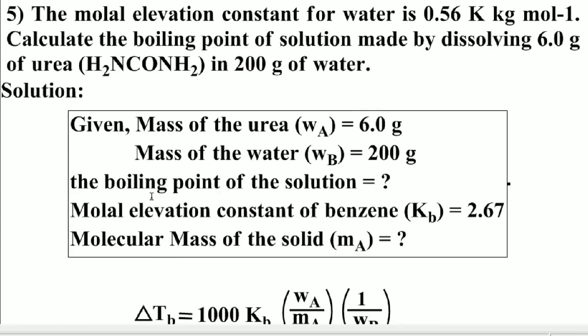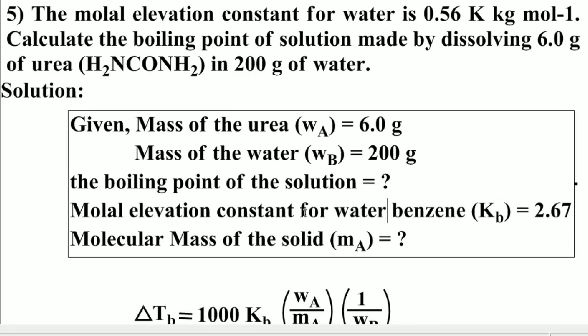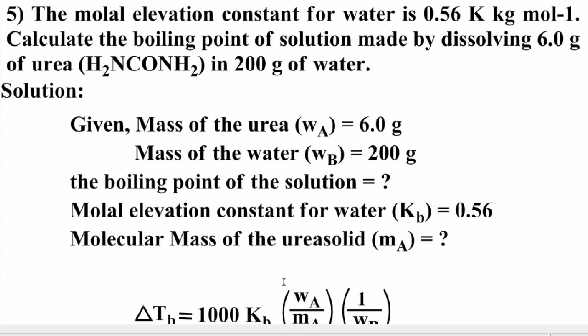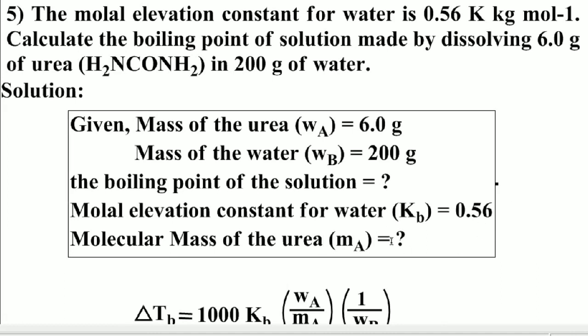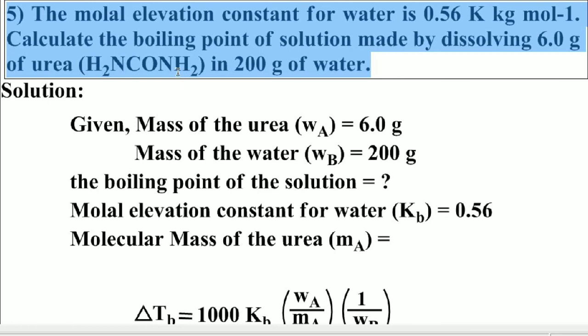The molar elevation constant for the solvent water, that is Kb, is equal to 0.56. And the molecular mass of the solute urea, MA, we can calculate from the molecular formula. Urea has 2 nitrogen atoms, 4 hydrogen atoms, 1 carbon atom and 1 oxygen atom.